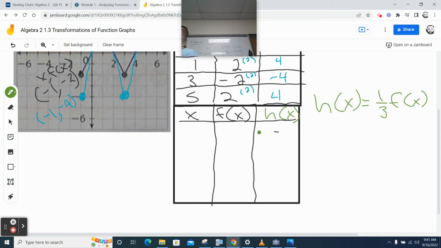Now your textbook says g of x, but I'm going to... So in this particular case, a is between 0 and 1. Okay, does that make sense?